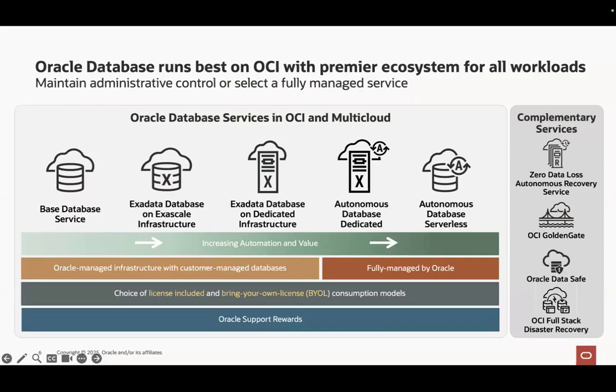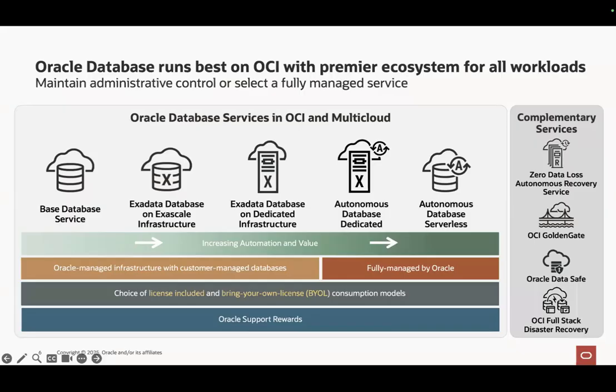In general, we try to bake them by the scale and performance requirements for the system, and if the system will reside in either Oracle Public Cloud or in a customer data center. So in the Oracle Public Cloud, we offer first the base database service. This one runs both standard and enterprise edition Oracle database and allows you the ability to spin up a single instance or a two-node rack database deployment.